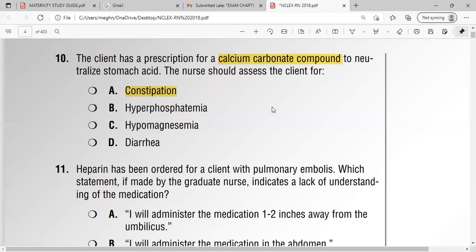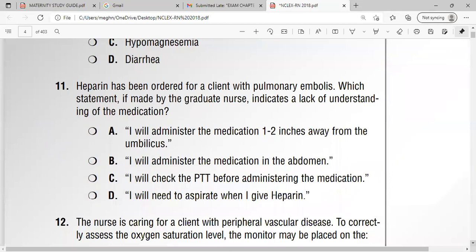So B, C, or D is not the correct answer here.